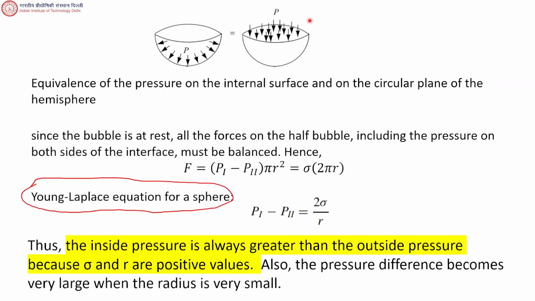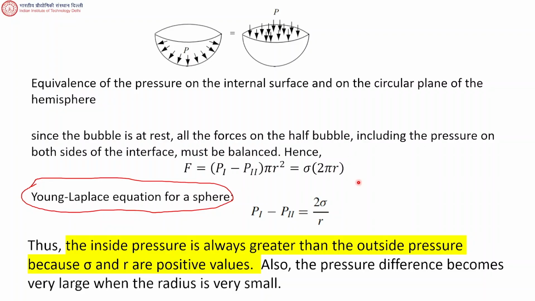So the force due to surface tension goes up along the circumference. So F is sigma times 2 pi r, as we saw in the last slide, right? That's equal to P1 minus P2 times pi r squared. So P1 minus P2 is sigma 2 pi r divided by pi r square, which is 2 sigma by r.